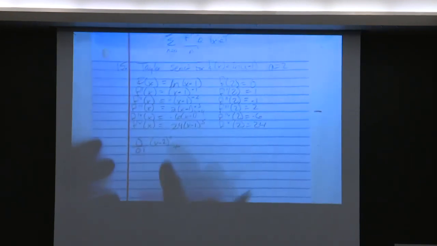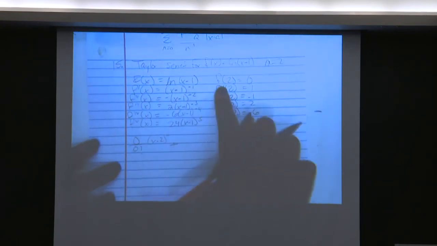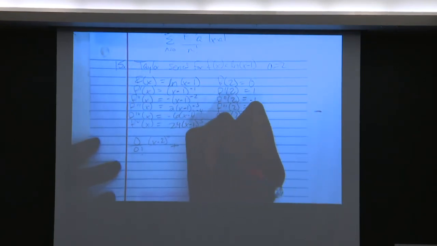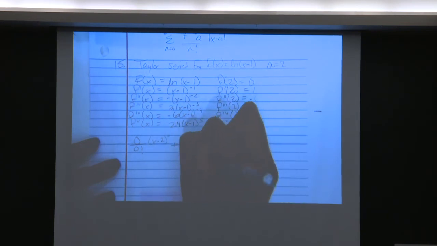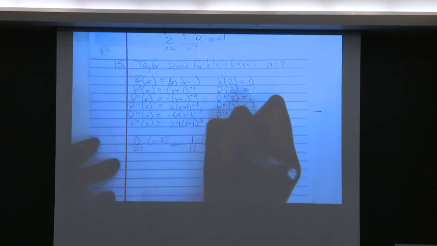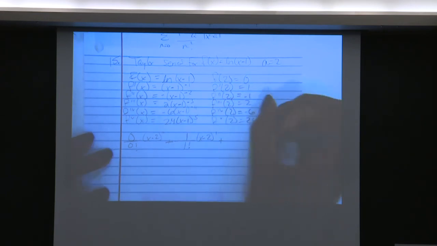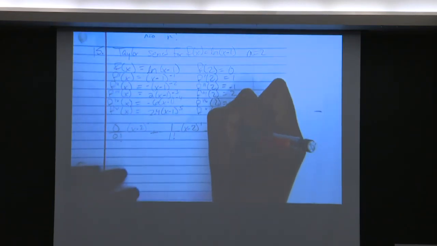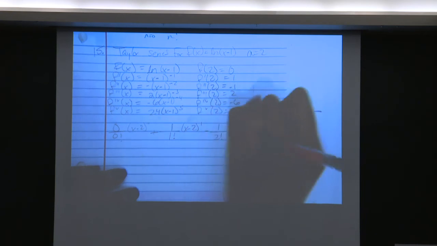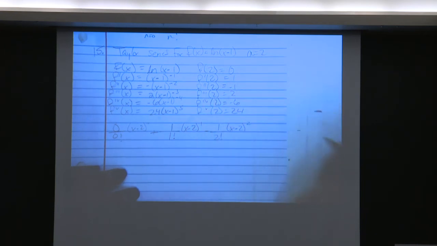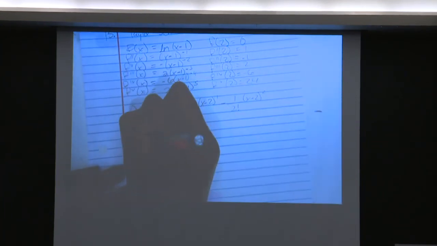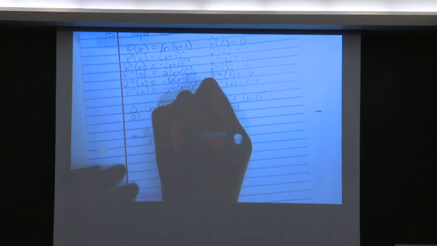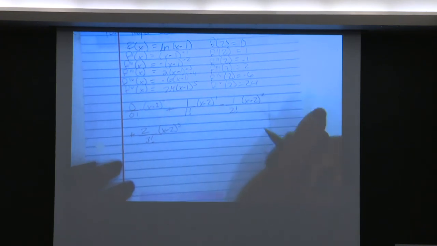This is our Taylor series equation that we're using to expand it. So now I have 1 over 1 factorial times x minus 2, minus 1 over 2 factorial times x minus 2 squared, plus 2 over 3 factorial times x minus 2 cubed, and so on.